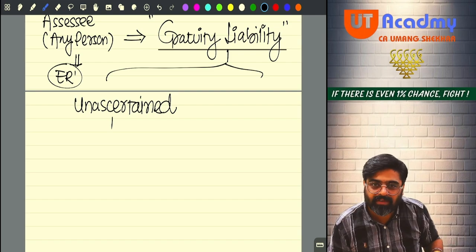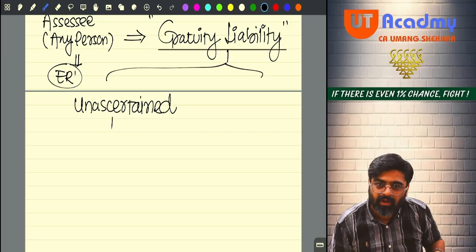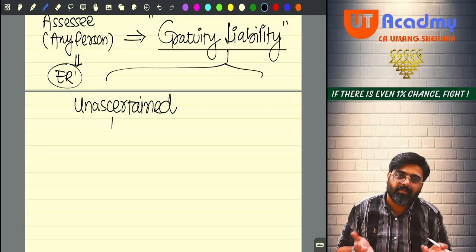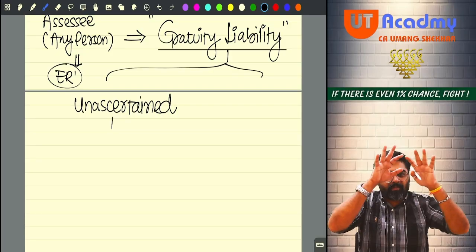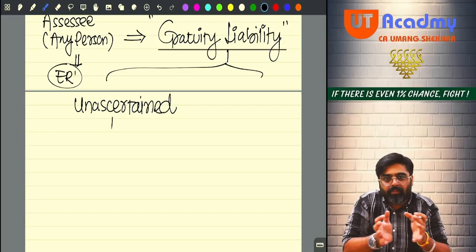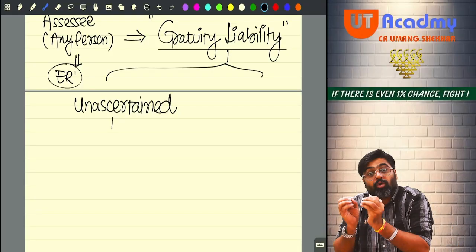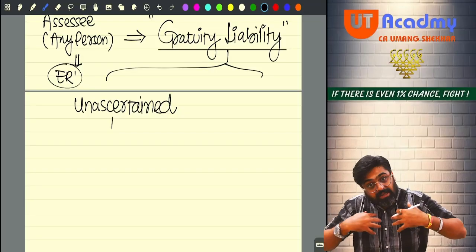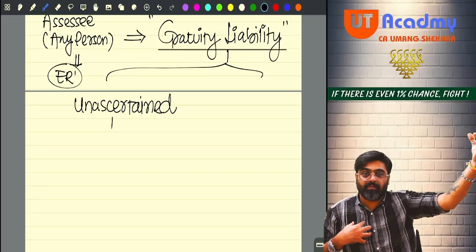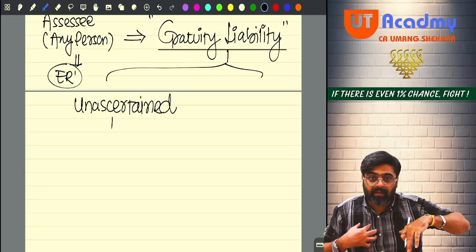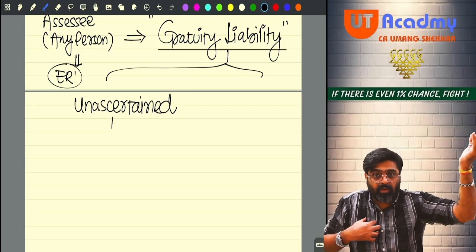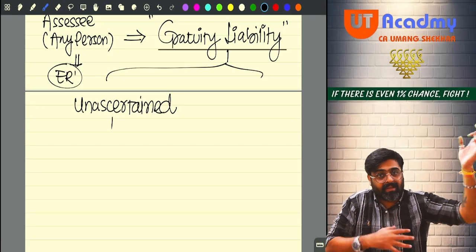Do you remember provisioning? In accounting, we do provisions. What are provisions? Provisions are nothing but, from my current year's profit, I keep some amount aside to meet certain specific expenses which I know I'm going to incur in future. But exactly how much that amount will be, I don't know.